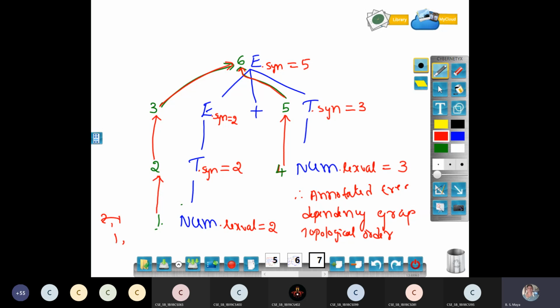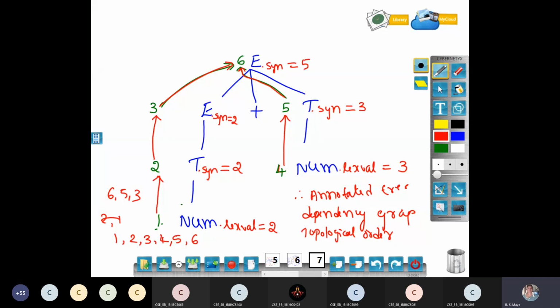After the first, if we move on to any node, that should come after the previous number. First is calculated, next is second, then next is 3. Next is 4. After 4, it will go to 5. After 5, it will reach 6. You can't write 6, 5, 3. Is it possible to write like this?